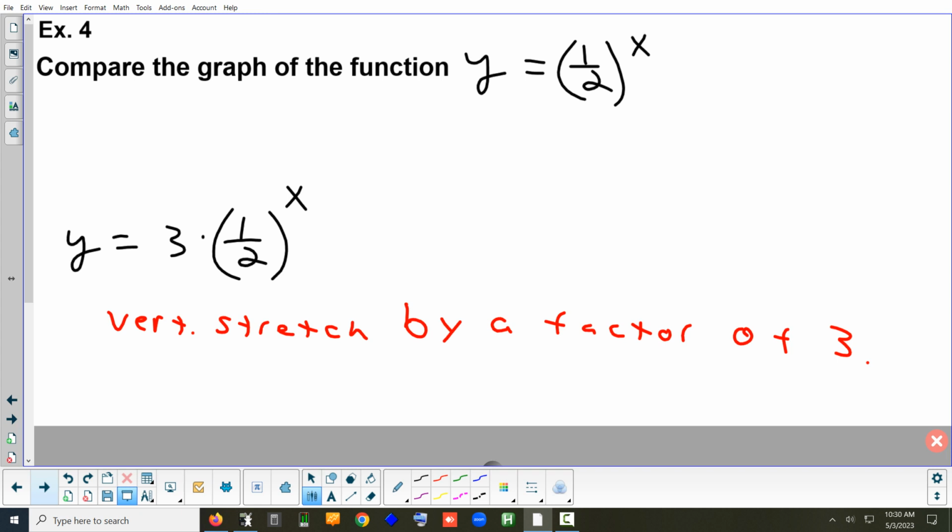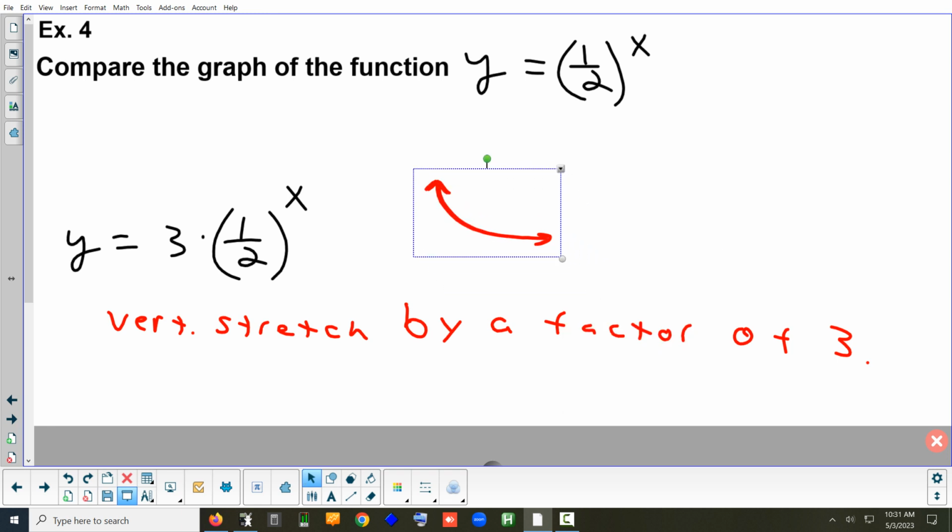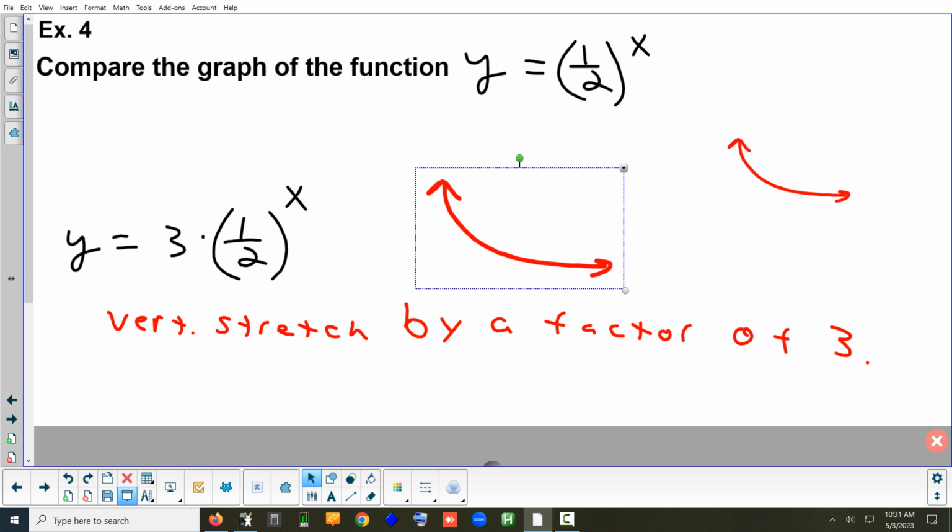Well, let's say this was your original graph. You did something like that. Okay, that's a decay graph. If it's going to be a vertical stretch by a factor of 3, then it's going to do something like this. Actually, it's not going to let me. Let's see if I can do it on this one.